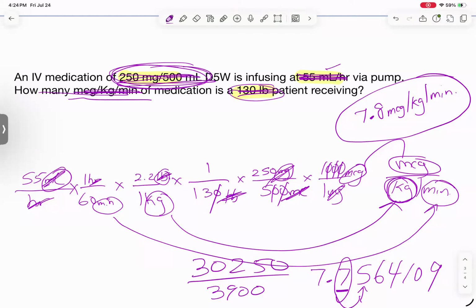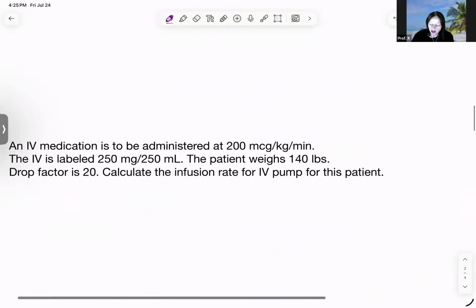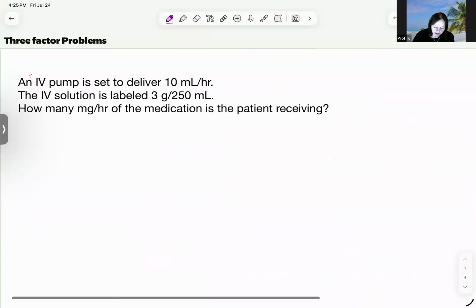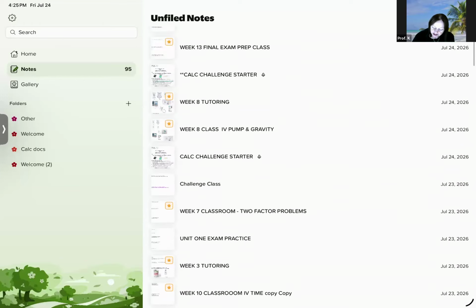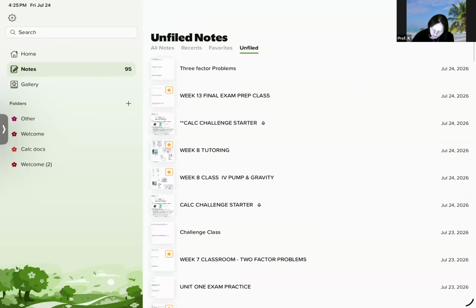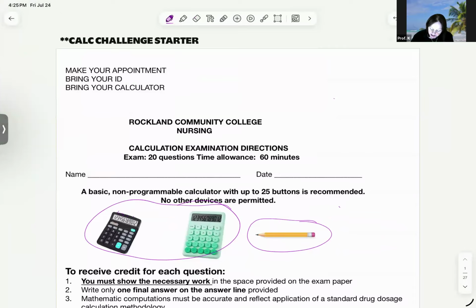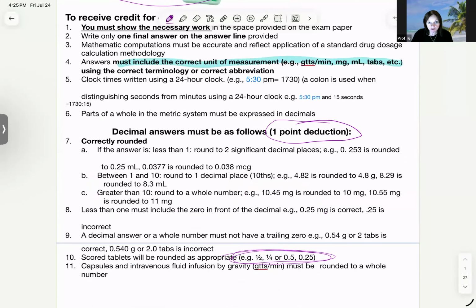For the actual test itself, like the formatting of it, how many questions is it? I know you said we get an hour, right? Yep, there's 20 questions. And the first page is the directions with the rounding rules.